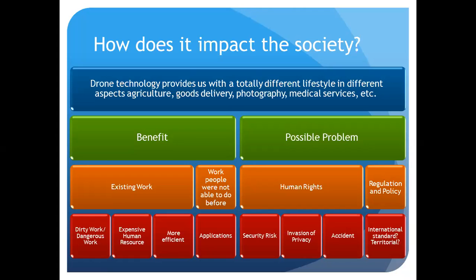So that is the dirty or dangerous work, there we can move. Or where there can be danger to a man, in that case we can send an unmanned vehicle there. Then expensive human resources, some of the expensive human resources are there at that location.